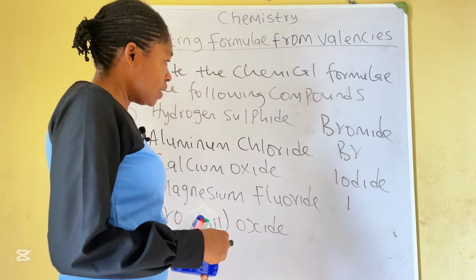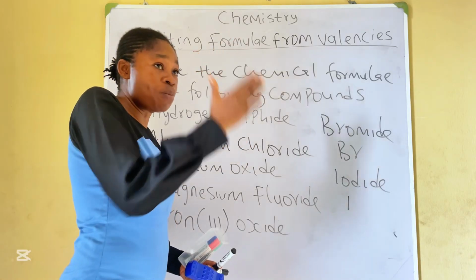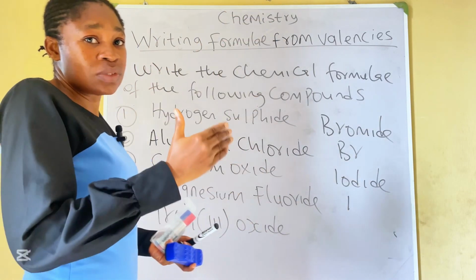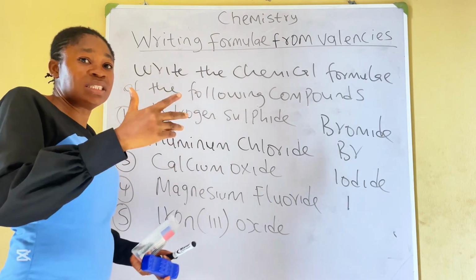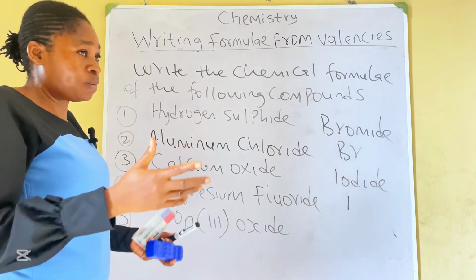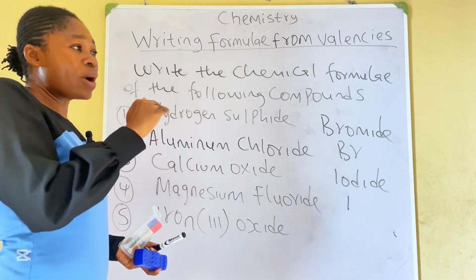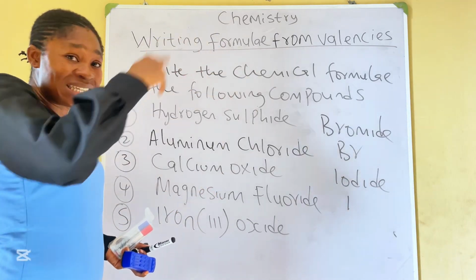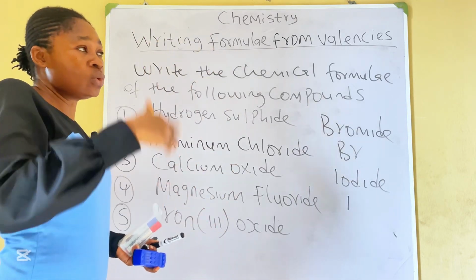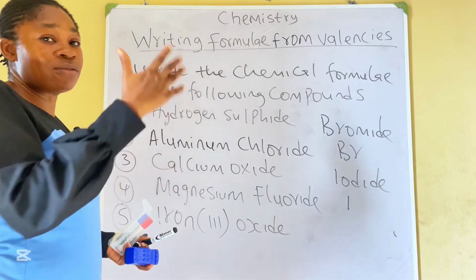So remember, elements in the same group. Group 1 elements, the valency is 1. Group 2 elements, the valency will be 2. Group 3 elements, the valency is 3. Group 4 elements could be what? Either 2 or 4. Remember, they are grouped according to the total number of electrons in the atom's outer shell.